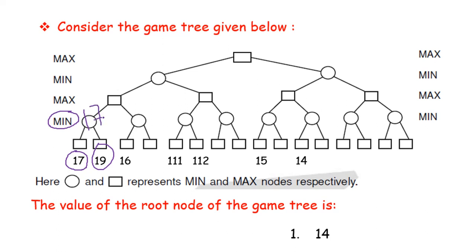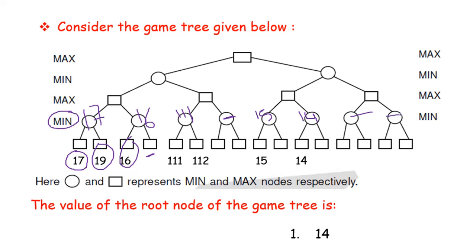So here we will get 17. Now for the next node on the same level, the left child has value 16 and the right child has no value. So we will take 16. In the same way, for the next node it will be 111 because we have to find the minimum value. For the next node there will be no value, then 15, then 14, then no value, then no value.